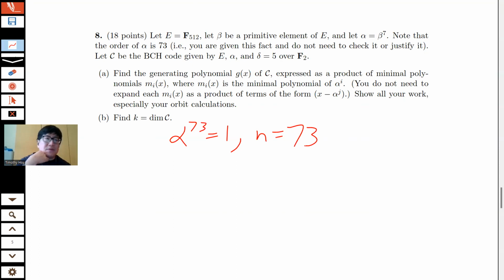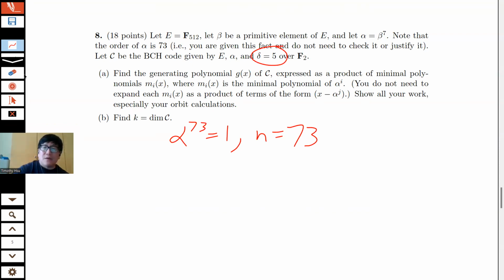And so we're going to figure out what happens to the BCH code where delta equals 5. The chosen desired minimum distance is 5. The actual one, who knows? But we want our minimum distance d to be at least delta, which is 5.